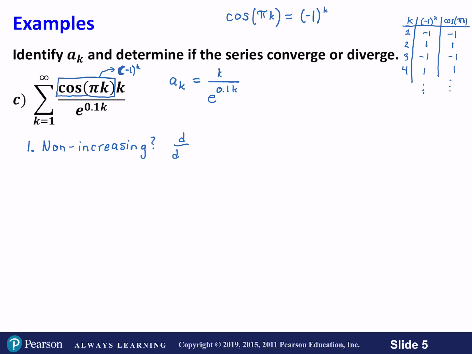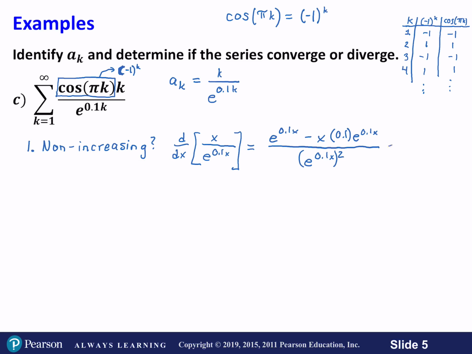So we're going to take a derivative, d by dx. We're going to change everything to x's, so we have x over e to the 0.1x. When we use the quotient rule, we will get e to the 0.1x minus x times 0.1 e to the 0.1x, divided by e to the 0.1x, that whole thing squared.